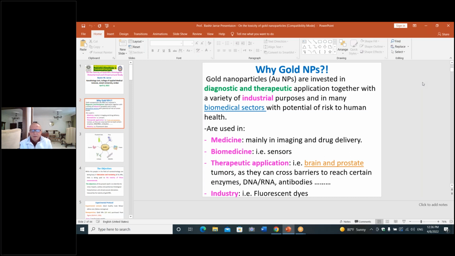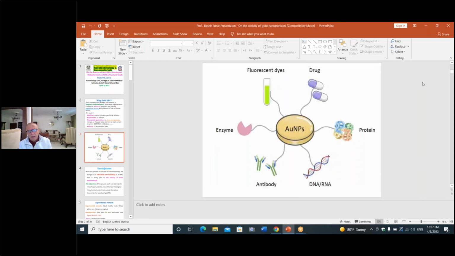Also, gold nanoparticles are used in industry, especially in fluorescent dyes. They are used widely for labeling certain proteins such as hemoglobin, and for certain diseases or investigations. They are also used to label parts of DNA, RNA, antibodies, and some enzymes.